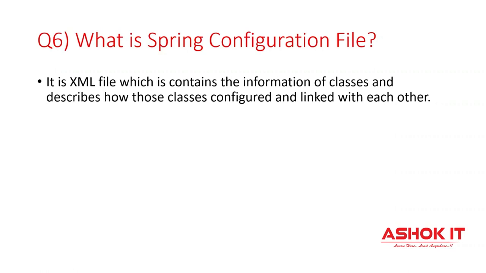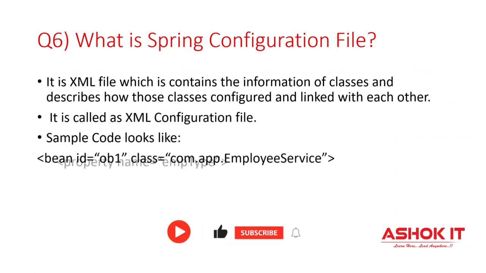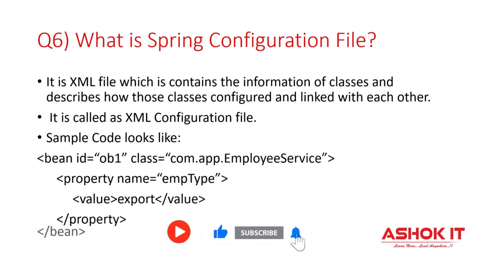That's actually called a configuration file. This is also called an XML configuration file. You can look at the sample code. The bean tag indicates object, property indicates setter method. You can identify ID means object name, class means fully qualified class name.